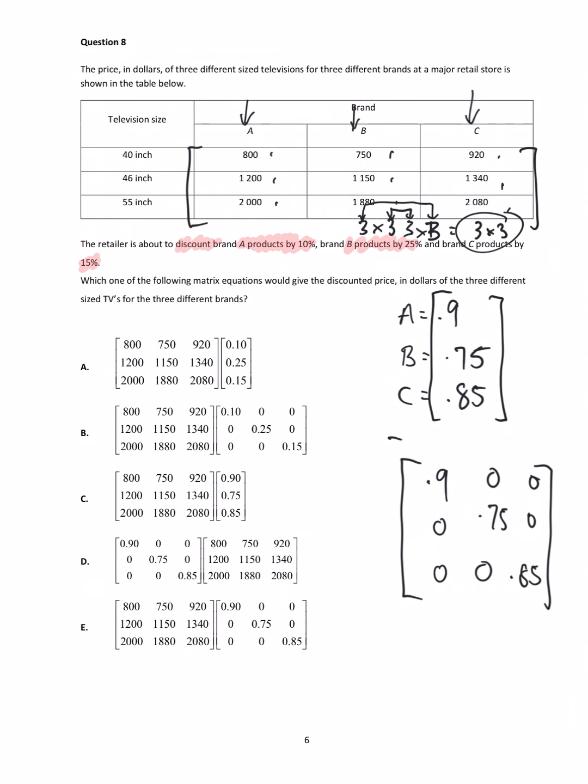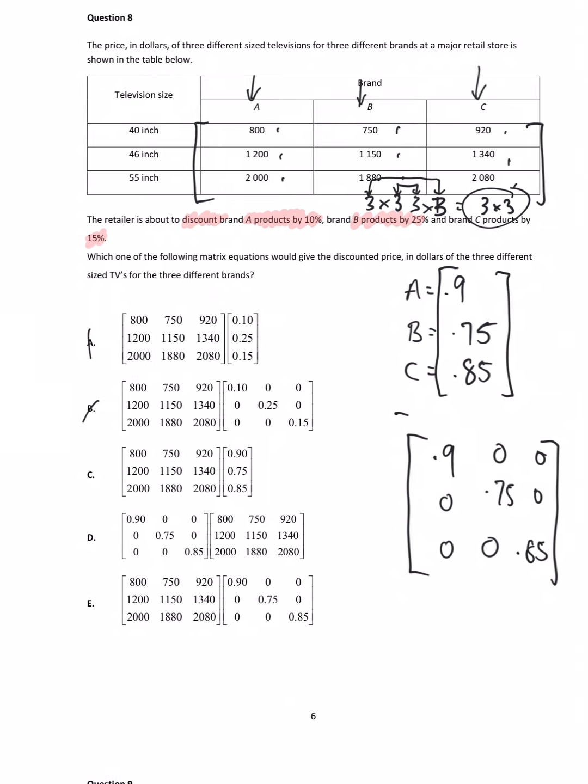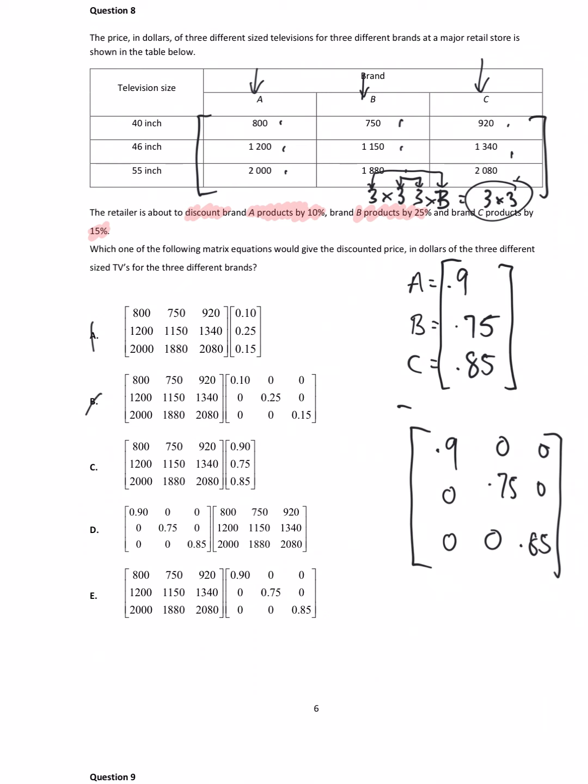If we look through them, A is going to be wrong, B is going to be wrong because it's not the right decimals in that second matrix. C is going to be wrong because it's not a 3 by 3 and a 3 by 3.